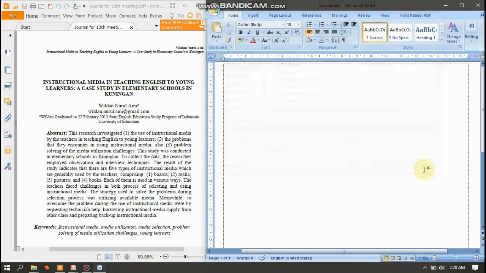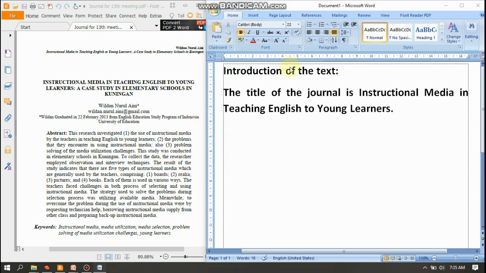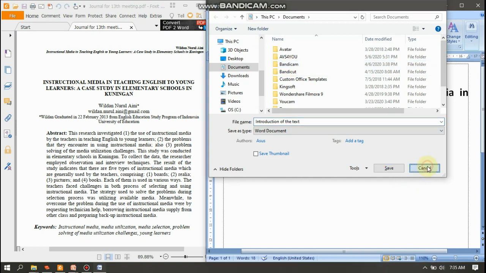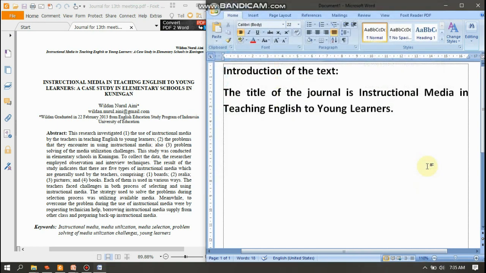Okay, let's start. First of all, you should write a paragraph to introduce the text that you read to the reader. For example, the title of this journal is Instructional Media in Teaching English to Young Learners.